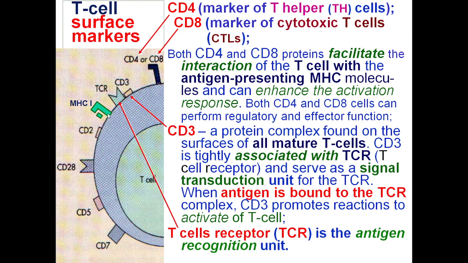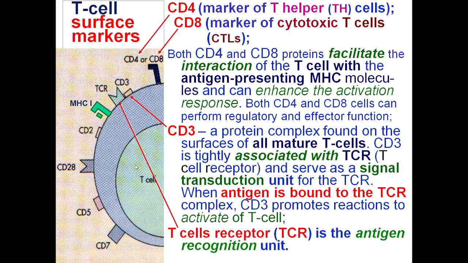MHC1 protein presents endogenous microbial proteins in a complex with MHC1 that will display these endogenous virus or tumor proteins to the T killer cell.